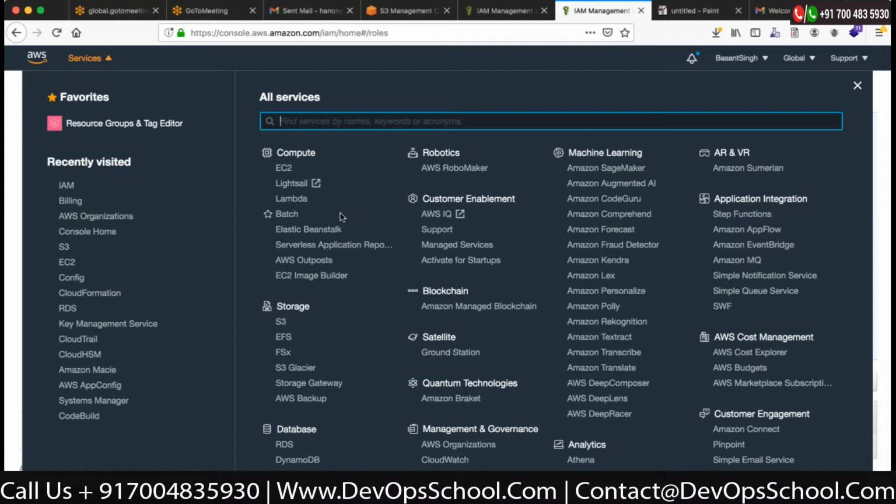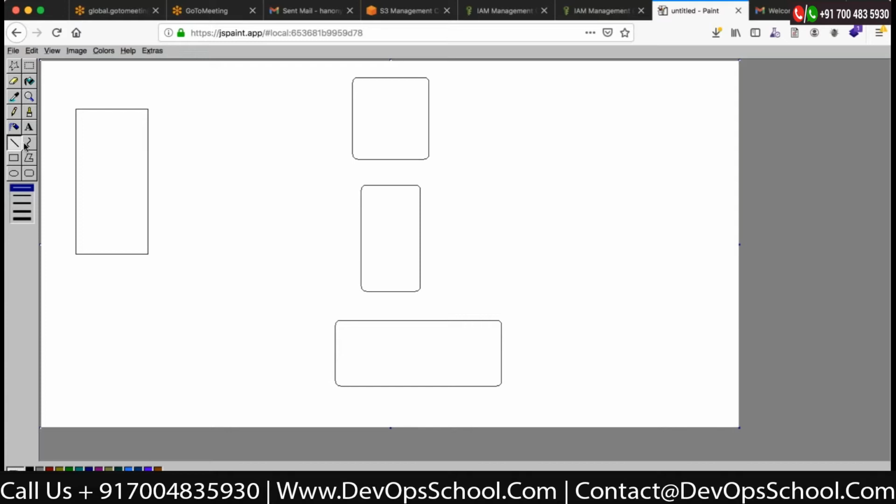But there can be a possibility that services like EC2 want to talk to other services, or EC2 wants to communicate to S3, or Lambda wants to communicate to S3. How will this service to service communication go? So for service to service communication, we need roles. Simple. If your AWS services want to communicate with each other, they need a role.